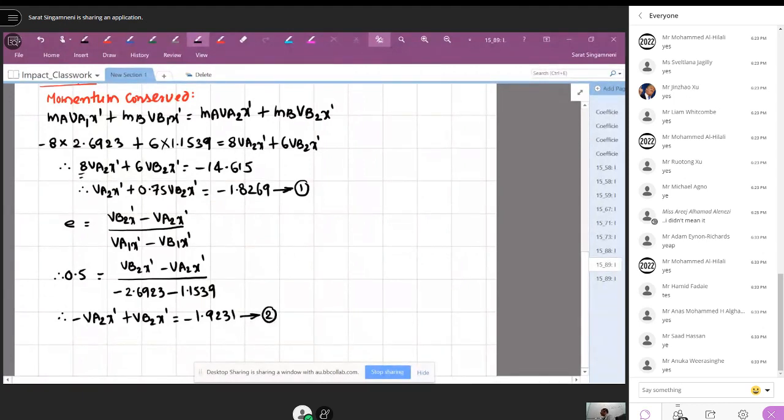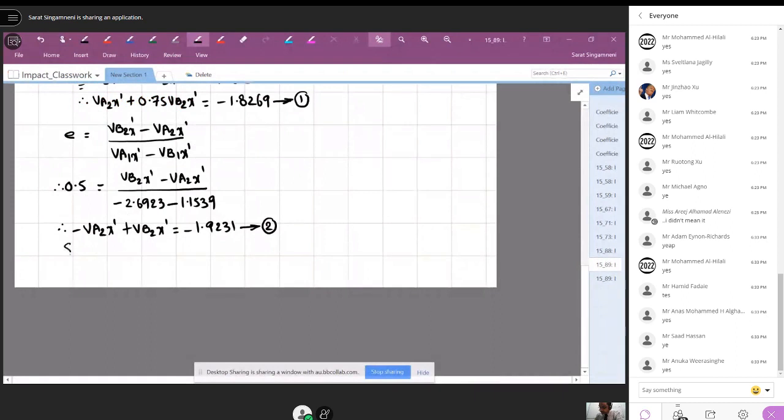Now we can solve equations 1 and 2. We can get VA2 x dash is equal to minus 0.21975 meter per second, and VB2 x dash is equal to minus 2.1429 meter per second.